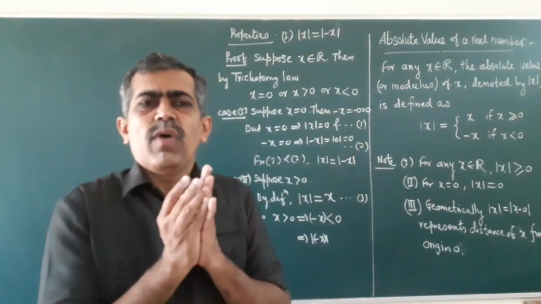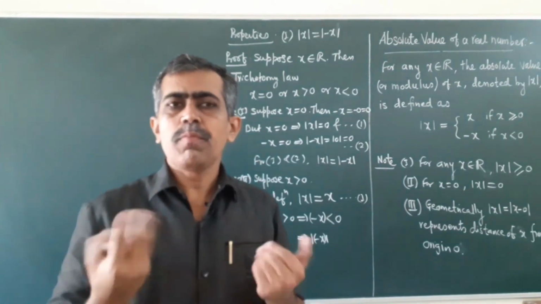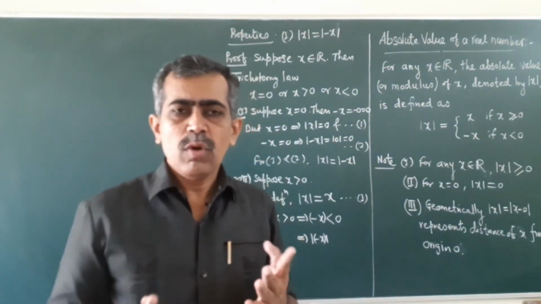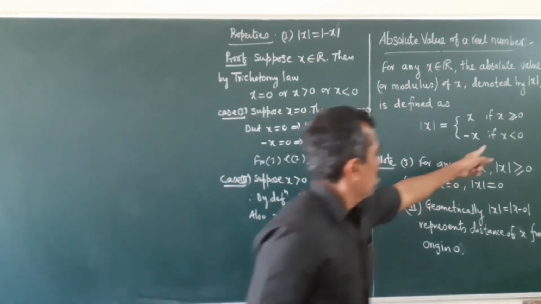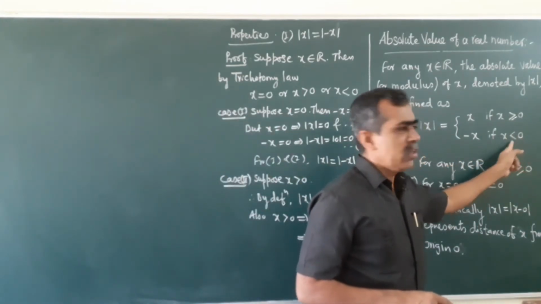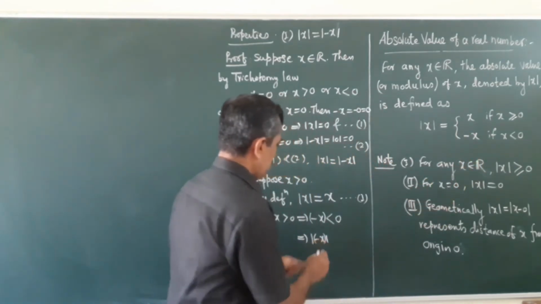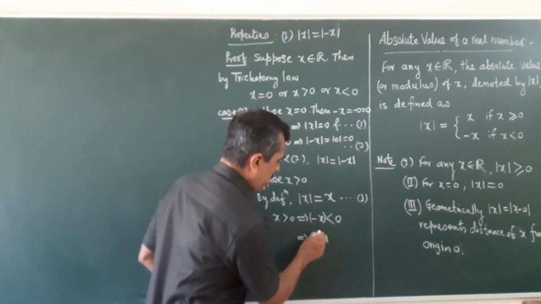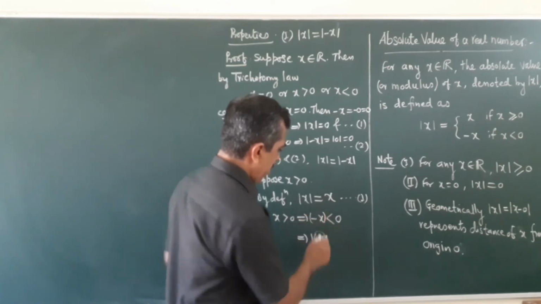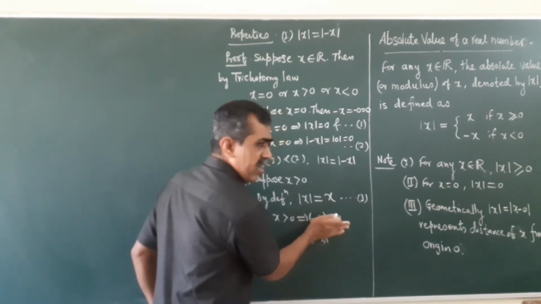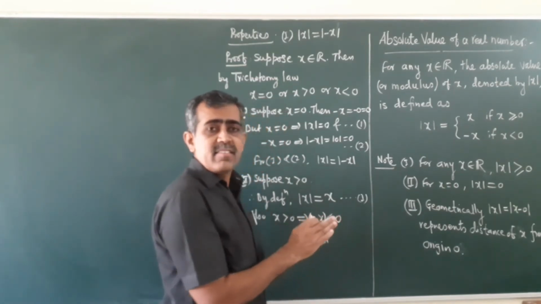Minus 5. Suppose it is y. My y is minus 5. If y is negative, what is the mod of a negative number? This is y, don't get jumbled. This y is less than 0.